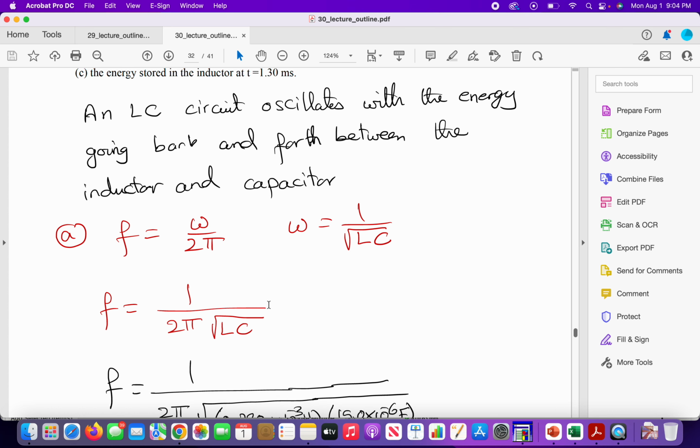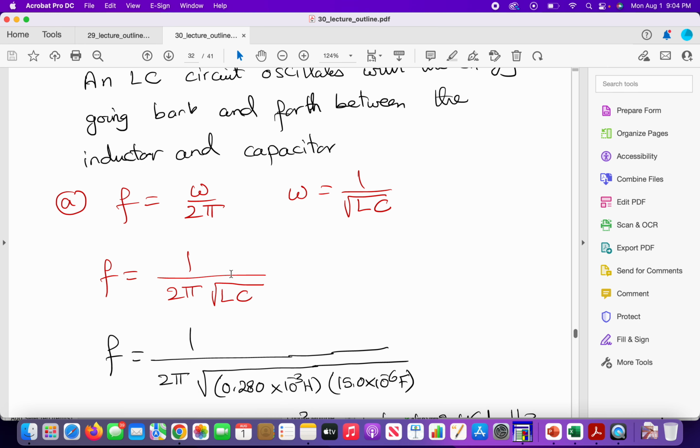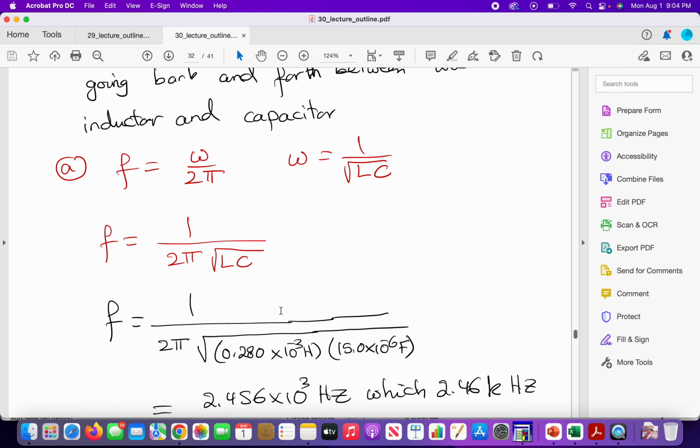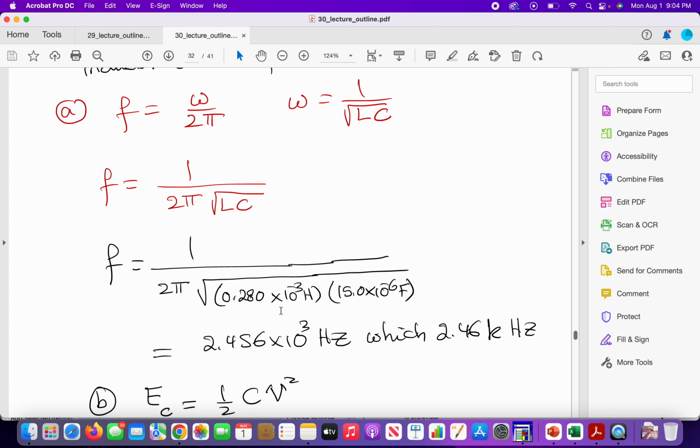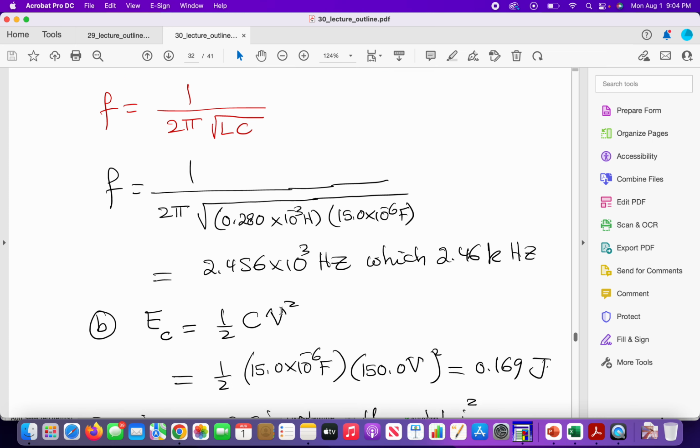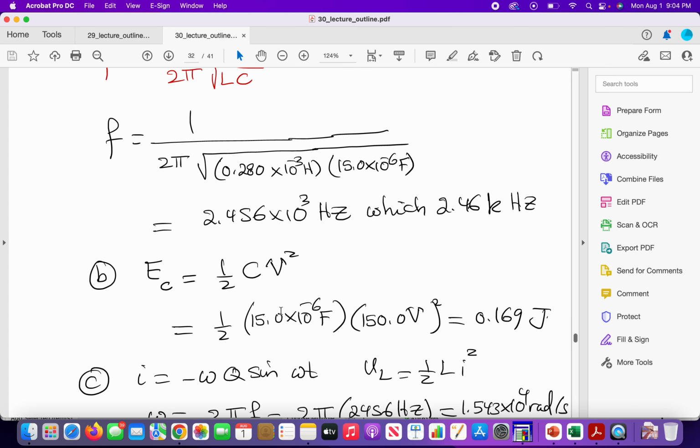Combining the two equations, the frequency is 1 divided by 2 pi square root of LC, and then I can calculate the frequency.